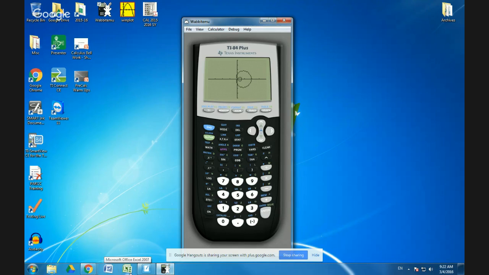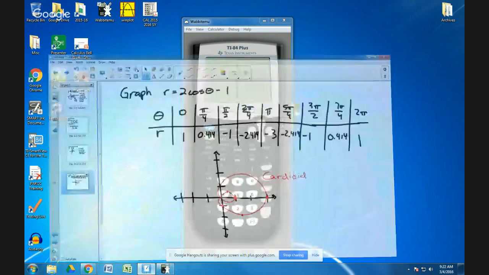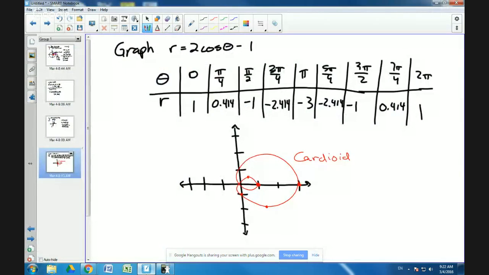Well, let me give you your assignment so you can get some work done. More work.